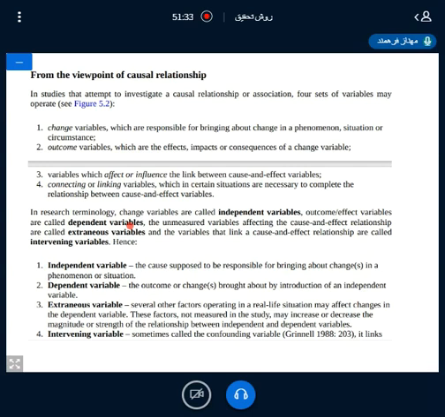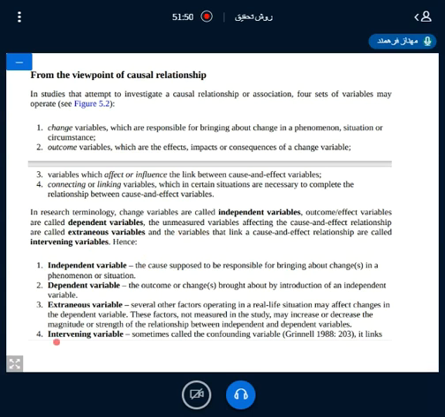The unmeasured variables affecting the cause and effect relationship are extraneous variables, and the variables that link a cause and effect relationship are called intervening variables.